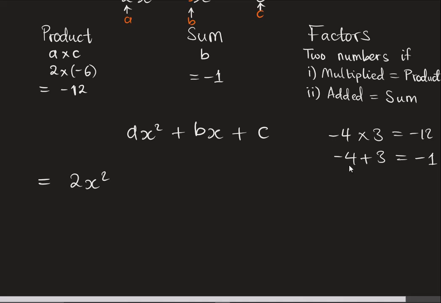Since these two numbers, negative 4 and 3, give us negative 1, we are going to introduce them as they are here. Notice how I'll put them in, I'll add them, then this is going to be inserted here, and then we multiply by x. Then we subtract our 6, which was already there. Notice what we have done is, where we had a negative 1, we've replaced it with the sum of our factors. This is a simple procedure, shouldn't get confused by it.